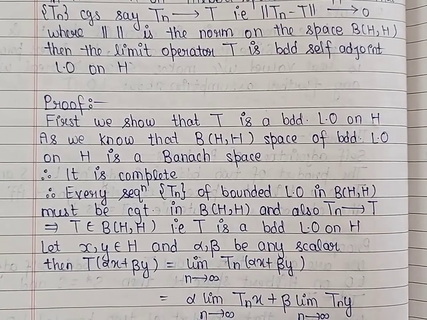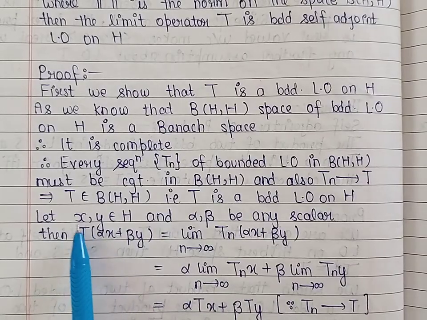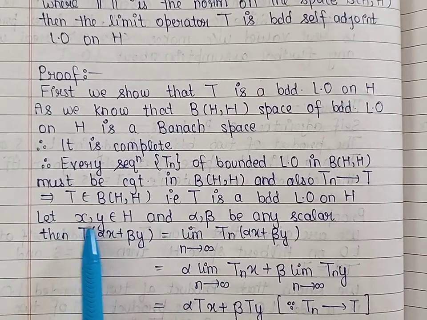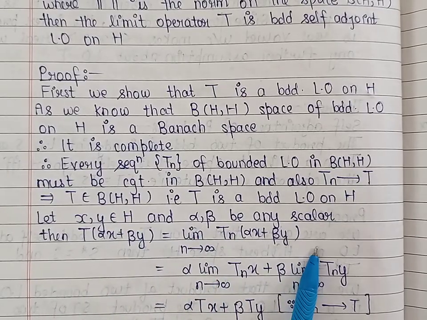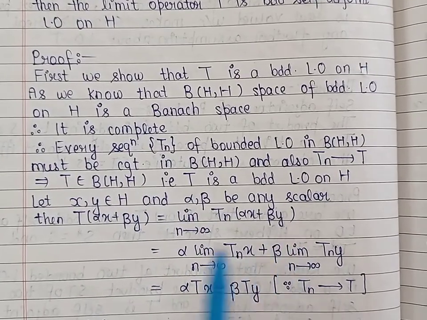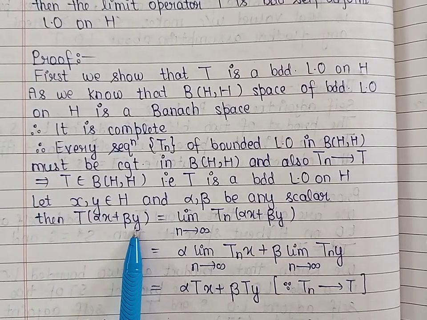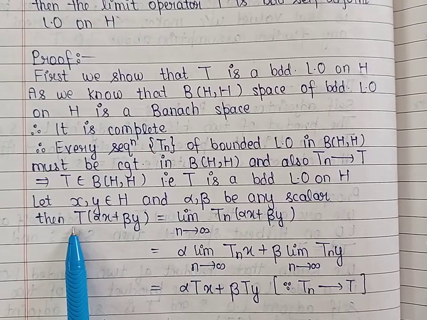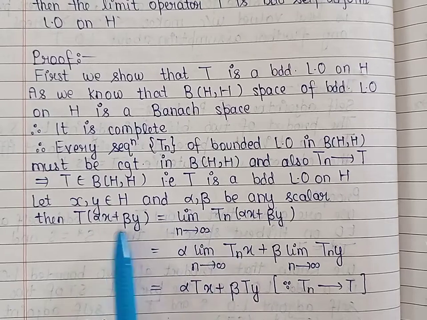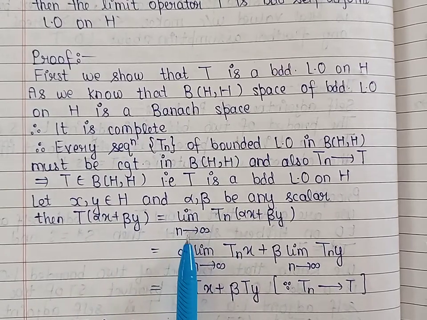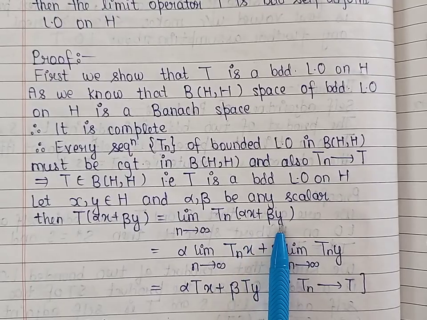Now we prove that T is linear. To prove T is linear, let us take two elements x and y from the Hilbert space H, and also two scalars alpha and beta. Let us find the image of alpha x plus beta y under T. By definition, because T is the limit of sequence Tn, this can be written as the limit as n approaches infinity of Tn of alpha x plus beta y.